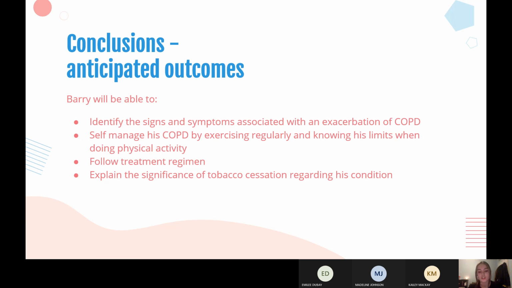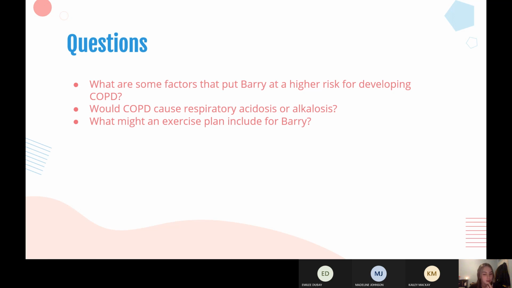And same with his nutrition as well. And then one important thing is he's a cigarette smoker, so we want him to talk about the importance of tobacco cessation, and maybe he'll attend a program that will help him stop smoking, and hopefully that will help him. And now on to the questions.